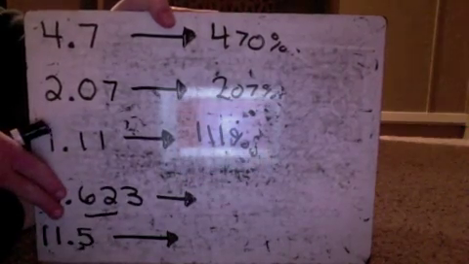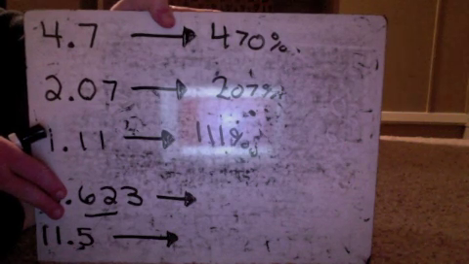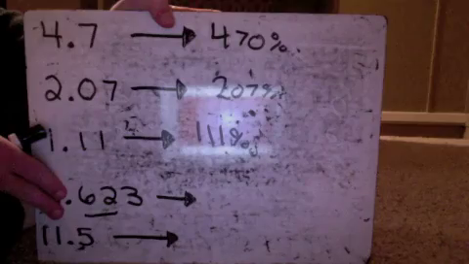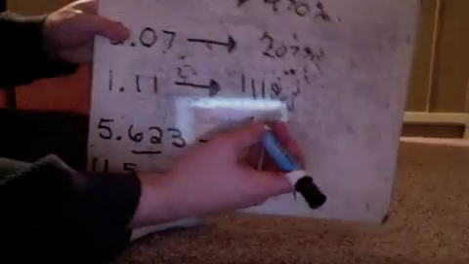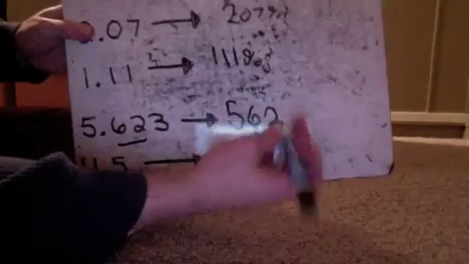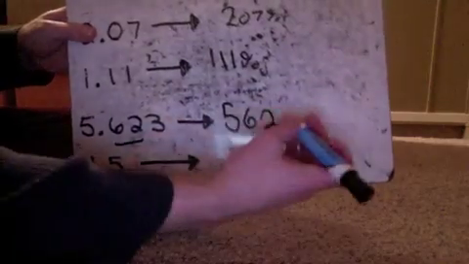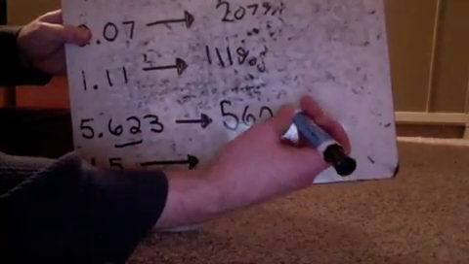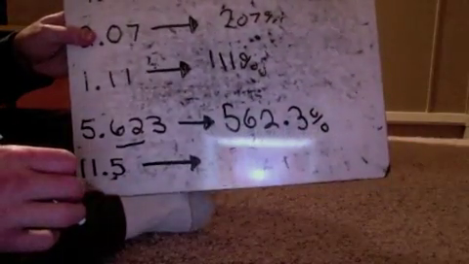So if I covered this up, this would be 62%, or we could say 62.3%. That would be fine. But since I have a 5 in front of it, this is going to have to be 562%. Now, I could always add that 3 on the end of it and do 562.3%. That would be perfectly fine as well.